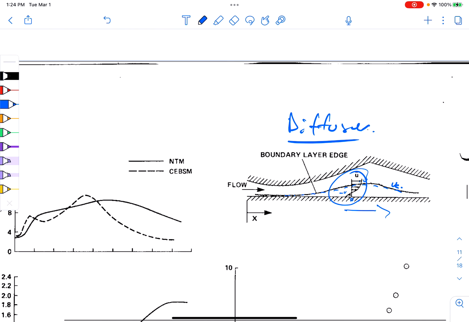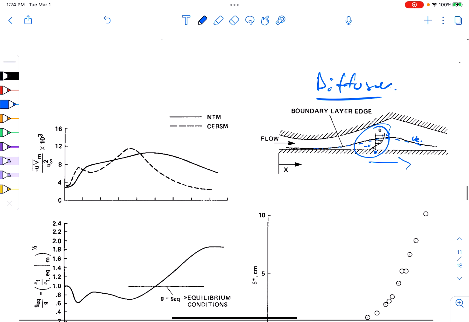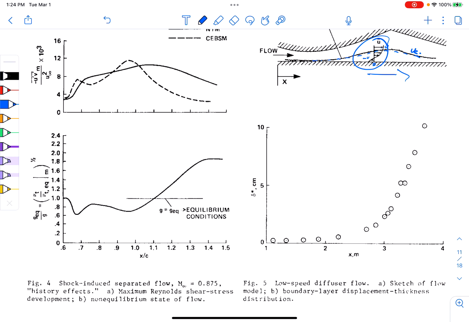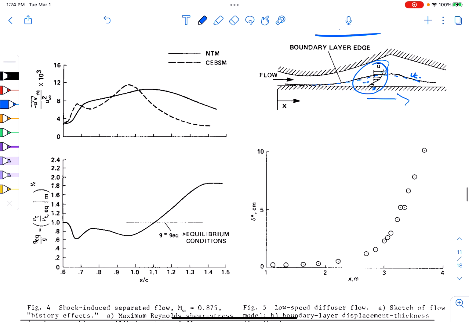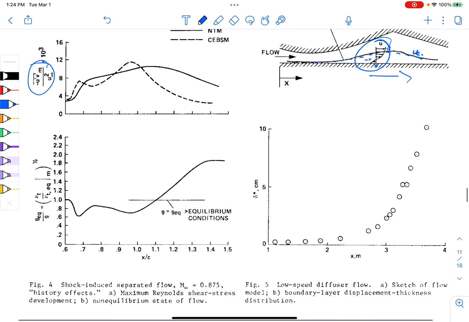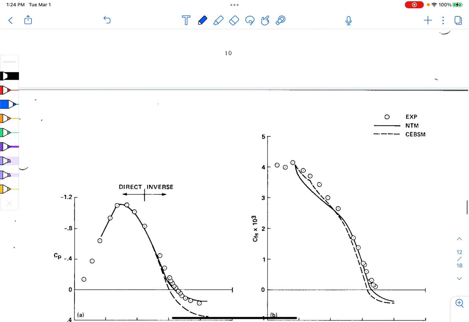So, just a few more minutes, we'll look at these. Once again, they tested their new turbulence model against Cebeci-Smith, and there are no turbulence measurements of u prime, v prime, but there are some measurements of boundary layer thickness. So they don't necessarily have one-to-one measurements.